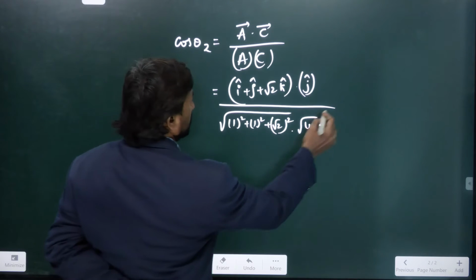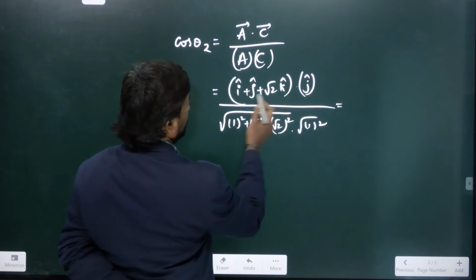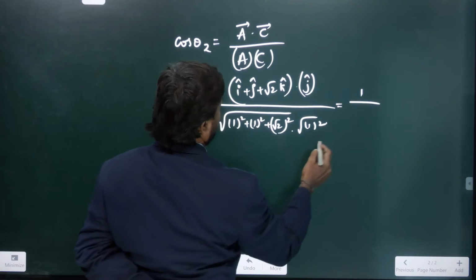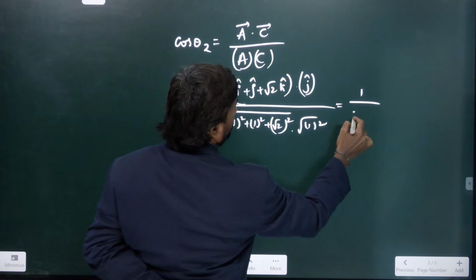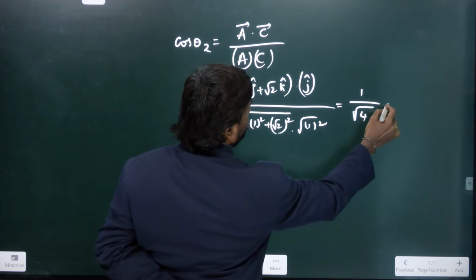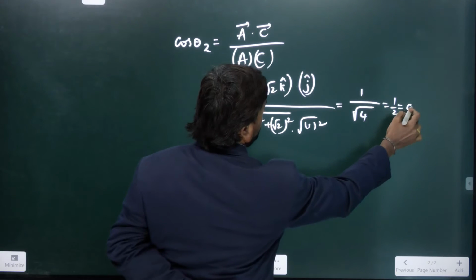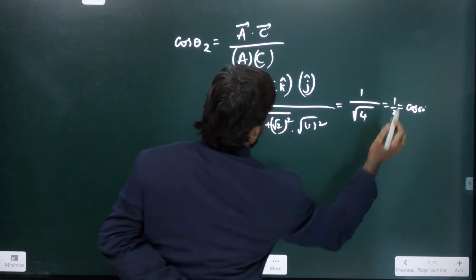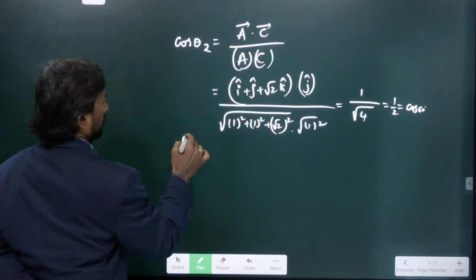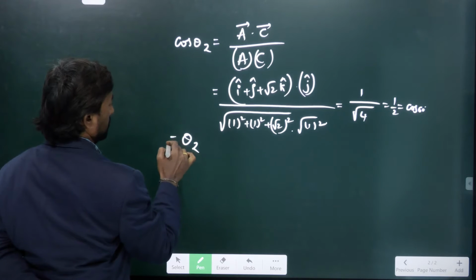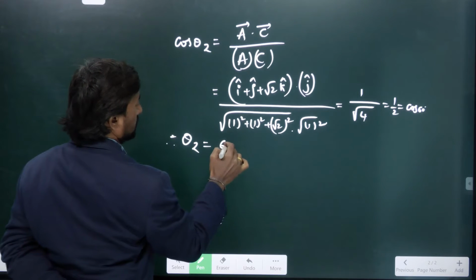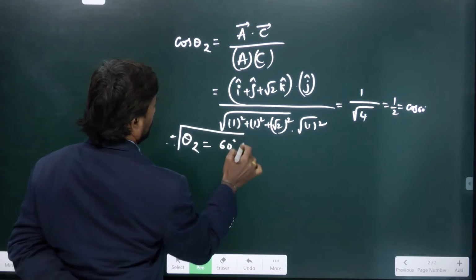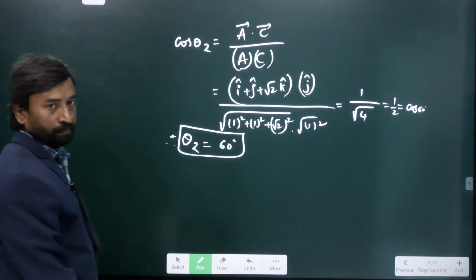So we get 1 divided by root 4, which is 1 by 2. That is also cos 60 degrees, therefore theta is equal to 60 degrees.